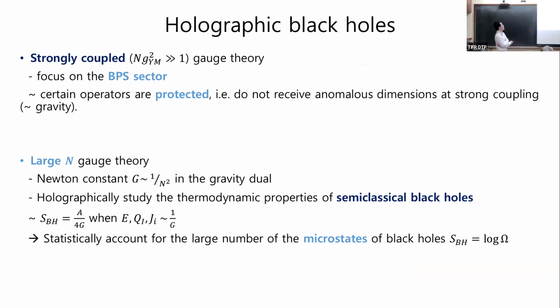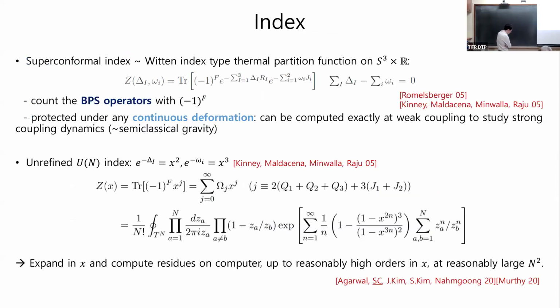So we want to study strongly coupled gauge theory. In order to do so, we will focus on the BPS sector, in which certain operators are protected and do not receive anomalous dimensions at strong coupling. And we will consider large N gauge theory to holographically study the semi-classical black holes. Our observable is the so-called superconformal index, which was long ago constructed by Shiraz and his collaborators. You can think of it as the Witten index times the partition function on S3.